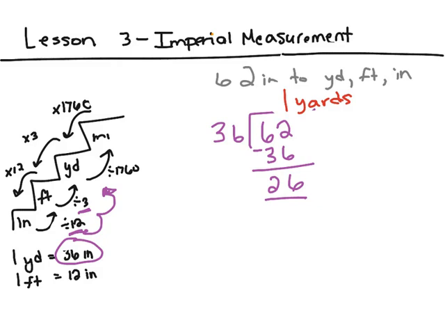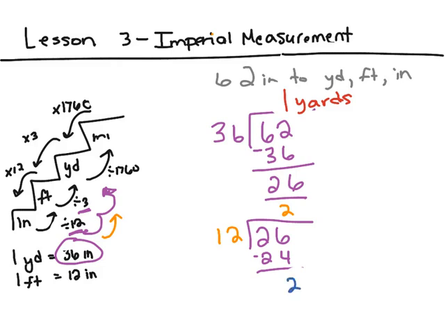We can still break that 26 down into feet. So we're going to take 26. And to go from inches to feet, we're going to divide by 12. 26 divided by 12. It can go in 2 times. 2 times 12 is 24. Subtract and find the difference, and we should have 2 left over.